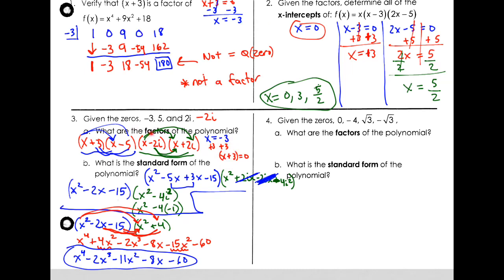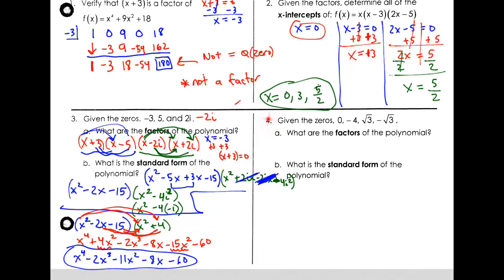But the gist of it is, if they're providing you with the zeros, you're going to put an x in front and change the sign. So remember to multiply the i terms together and then your other two terms together. But it's important to multiply your i's together. Once you do that, we got this, and we just multiplied all the way out until we couldn't multiply anymore, and we combined like terms, and then we had our standard form polynomial.